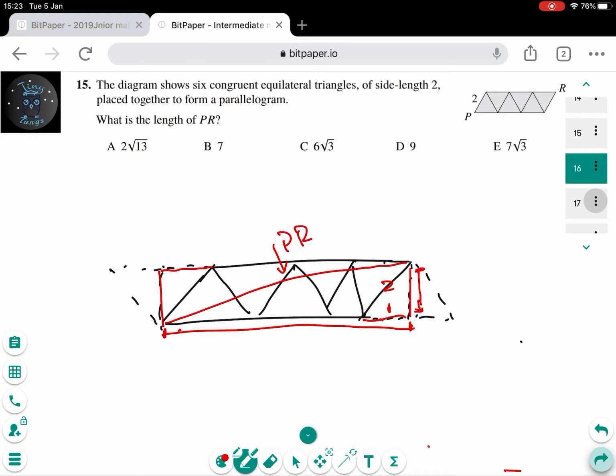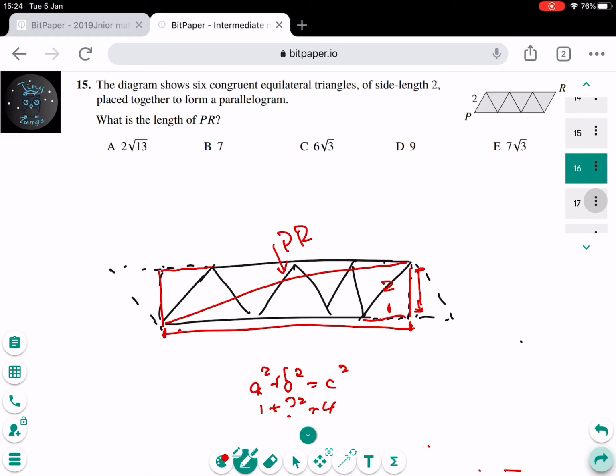If you don't know what Pythagoras is, it's only used in right angle triangles, and it's a squared plus b squared equals c squared, and the c is usually just the longest slanting side. So if we take this in, a and b can be both, you can switch them around, but I'll say that a is 1, so 1 plus something squared equals 4.